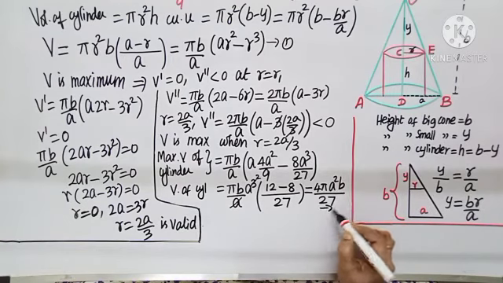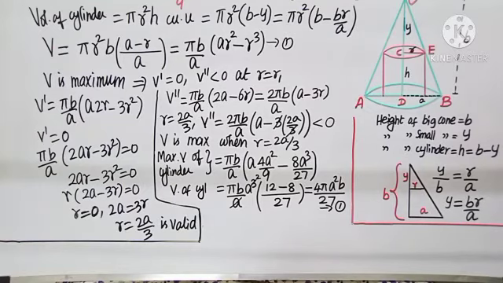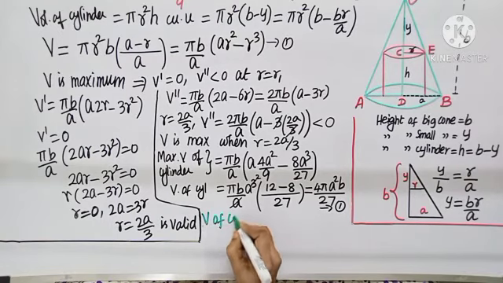Call it as number 1. Find out what is volume of the cone. So we will write volume of cone equals.